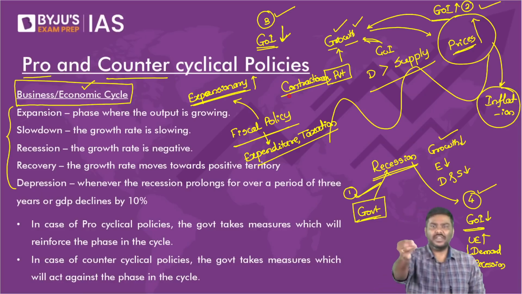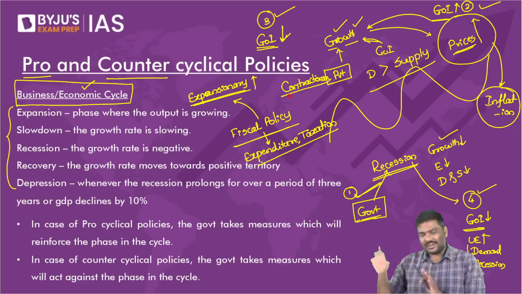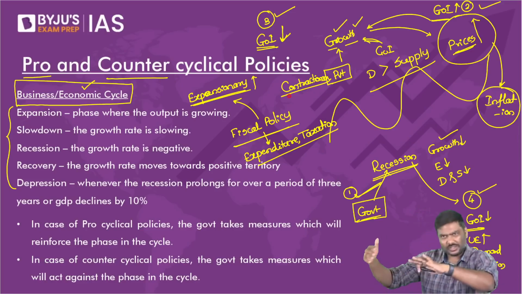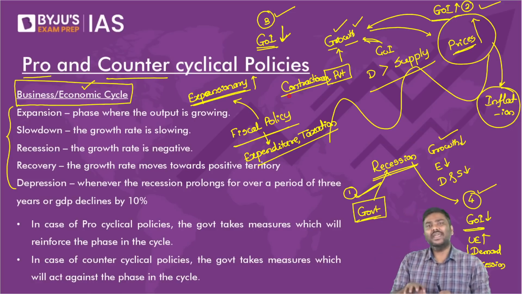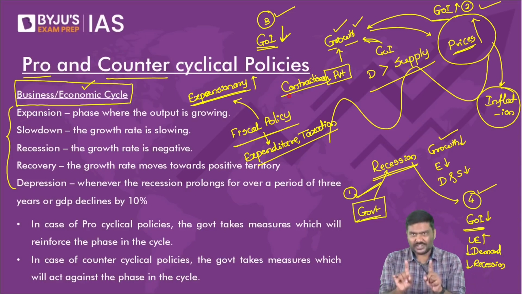Now, let me ask you a very simple question. If there is a very high inflation rate in the economy, the GDP rate is higher, inflation rate is also increasing, which of the 2 examples, that is the policies, would you want the government to follow? I will repeat the statement.